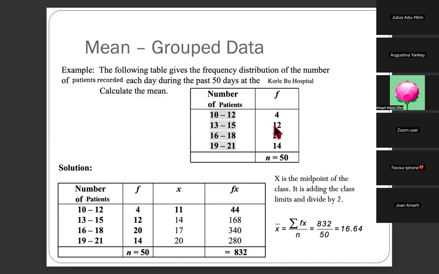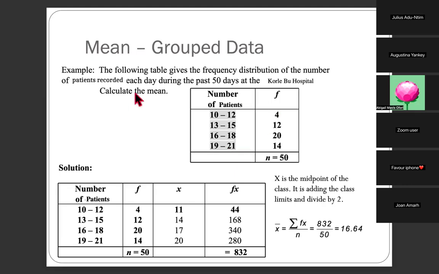12 out of the 50 days, the hospital recorded 13 to 15 patients. 20 out of the 50 days, the hospital recorded 16 to 18 patients. And then 14 out of the 50 days, the hospital recorded 19 to 21 patients.